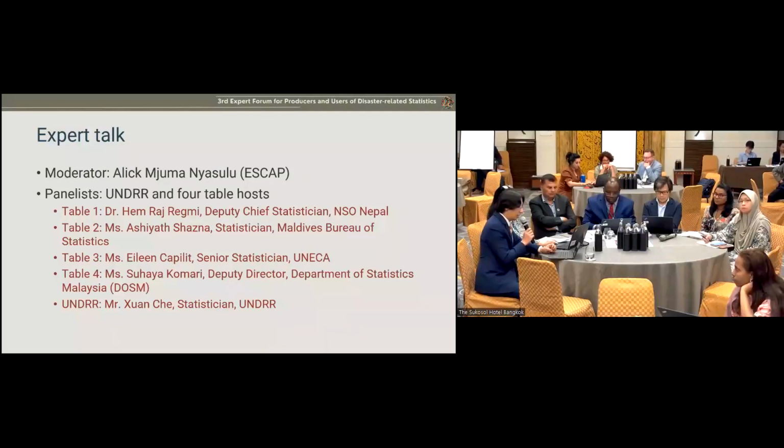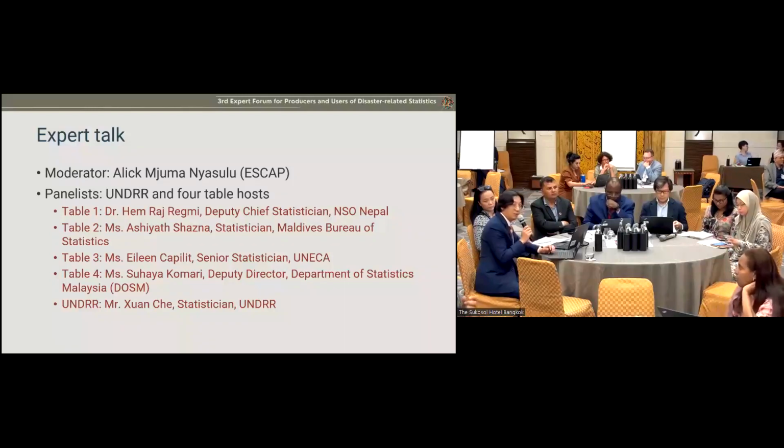And in Bangladesh, we have data coming from line ministries, and then this data are gathered, collected, and summarized in the Ministry of Disaster Management. So a variety of different approaches to data collection.